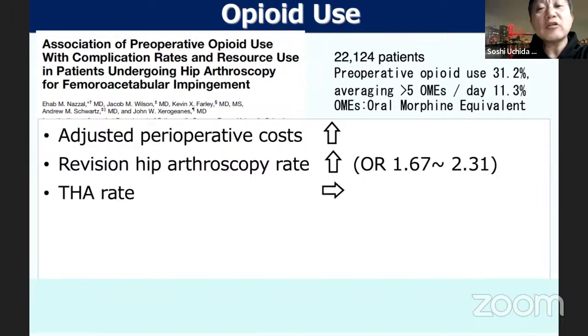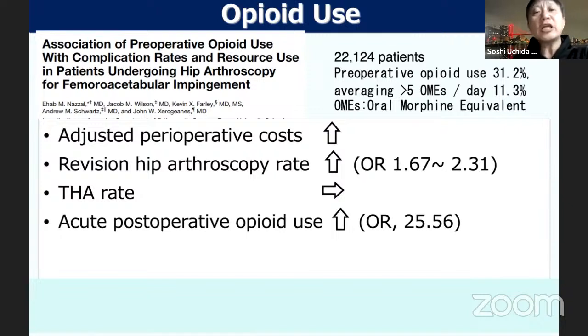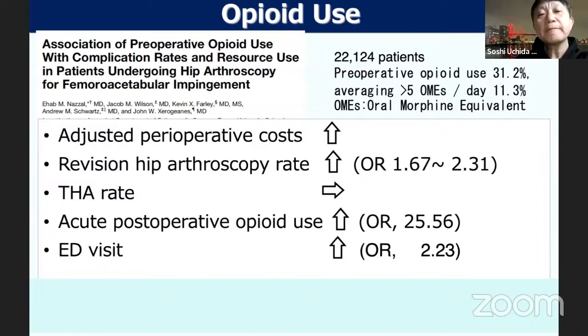The revision rate of hip arthroscopy is significantly higher in the opioid group. The total hip arthroplasty rate shows no significant difference between both groups. Acute postoperative opioid usage is much higher compared to the control group, and emergency department visits are significantly higher in the opioid group.